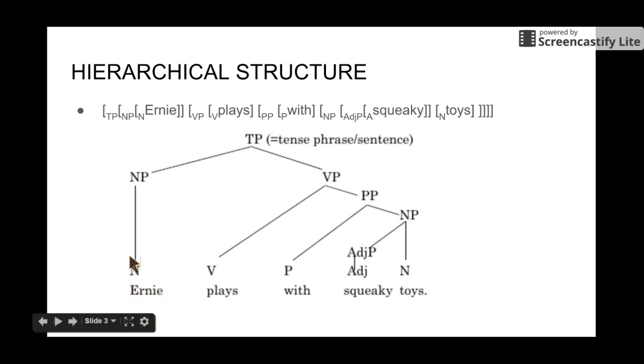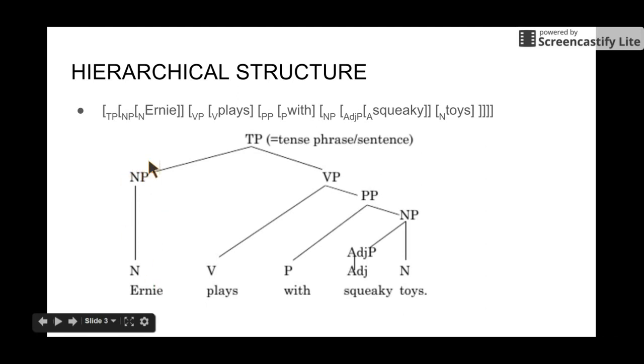Each dot in a tree is a single constituent. So we have 5 words here, and as you can see, every word is a single dot in the tree. So each word itself is a constituent, right? And then an N will become NP, and NP will be another constituent.